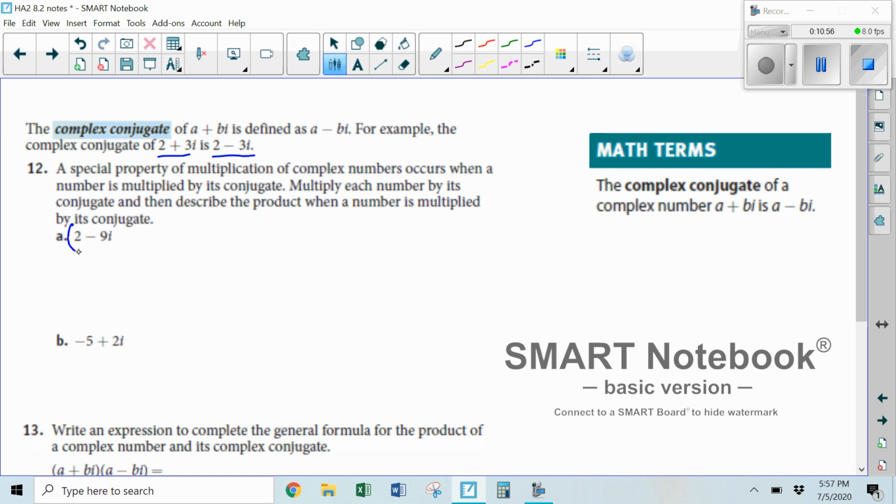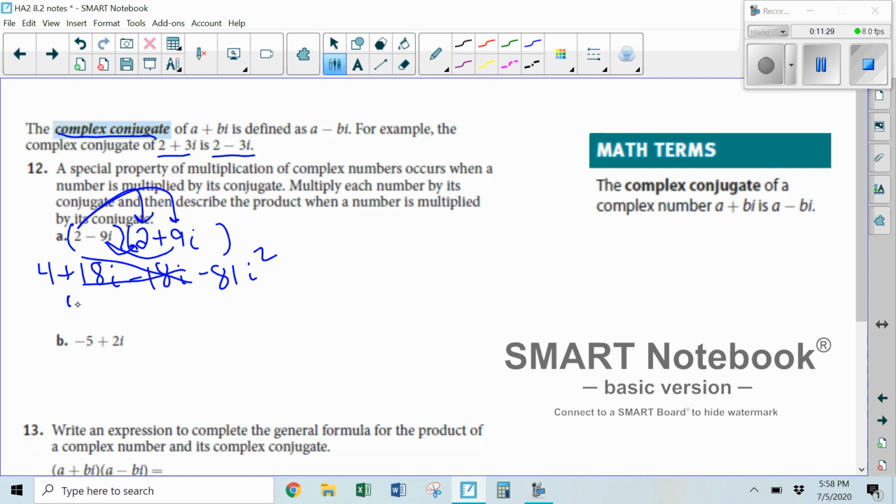So we have 2 minus 9i. We're going to multiply that by its complex conjugate, which would be 2 plus 9i. Let's see what we get when we multiply a number times its complex conjugate. 4 plus 18i minus 18i minus 81i squared. 18i and negative 18i is 0 i's, so that cancels.